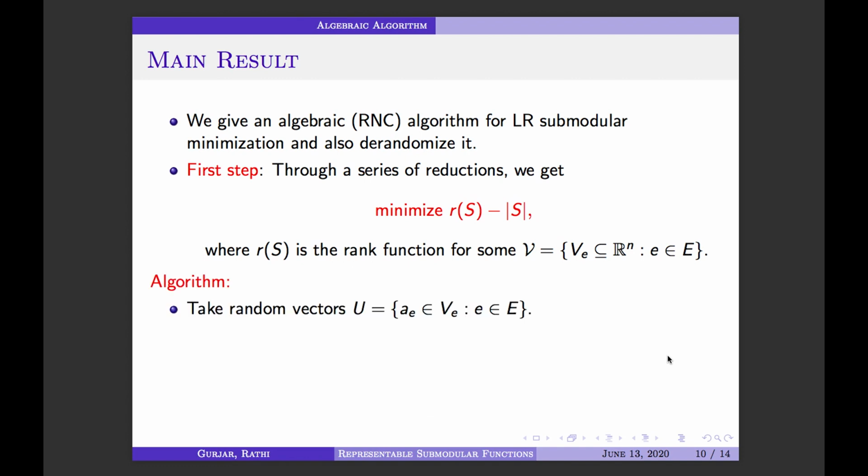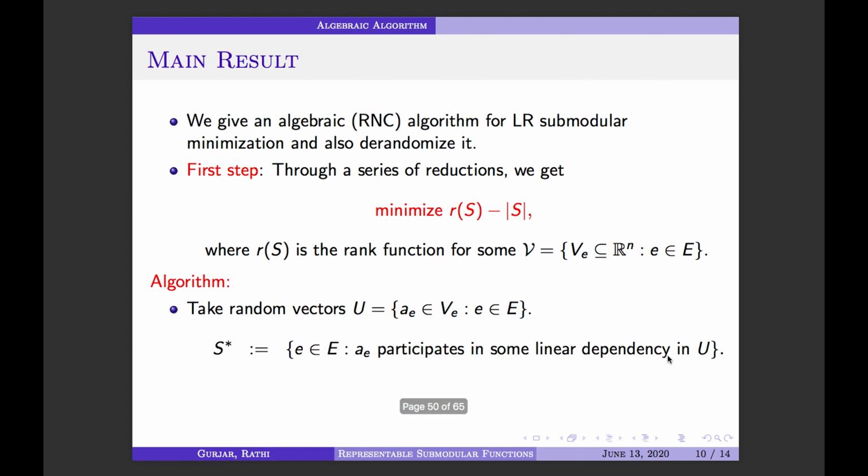Our algorithm is quite simple. First we take random vectors from these given subspaces. Here for each element E in the ground set, we have a subspace VE. For each subspace VE, we take a random vector in it, let's say AE. Let U be the set of all these vectors AE we have constructed. Next we construct a subset S star of the ground set.